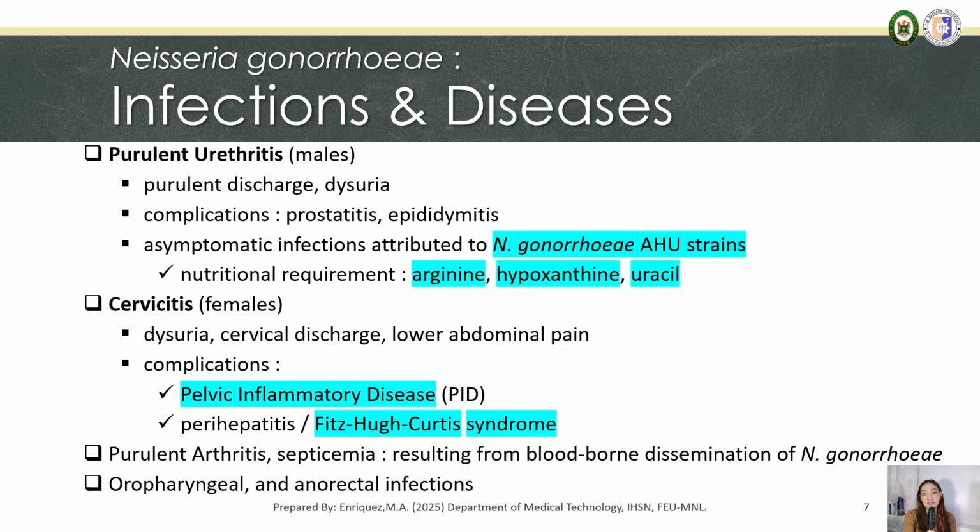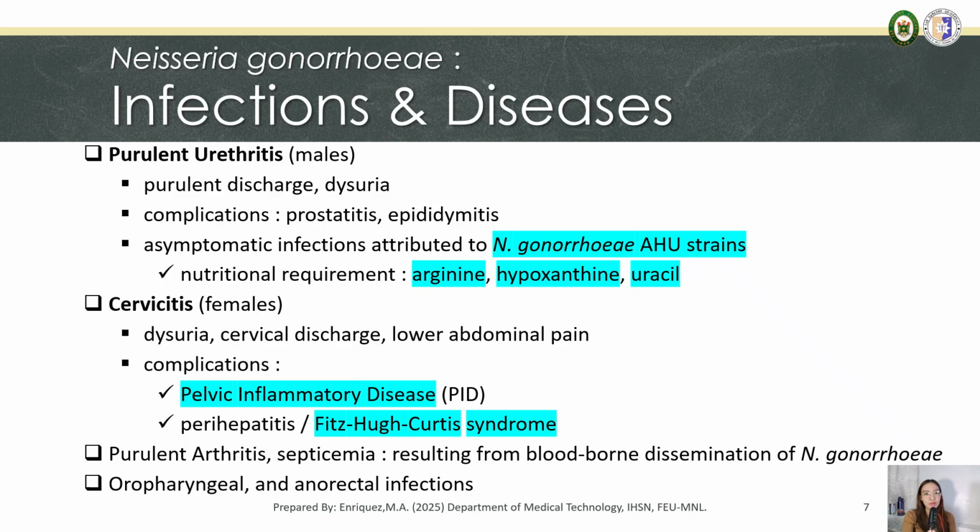In about 10% of cases, some men could have asymptomatic infections where the common isolate seems to be the Neisseria gonorrhoeae AHU strains. AHU stands for their nutritional requirements, which are arginine, hypoxanthine, and uracil.